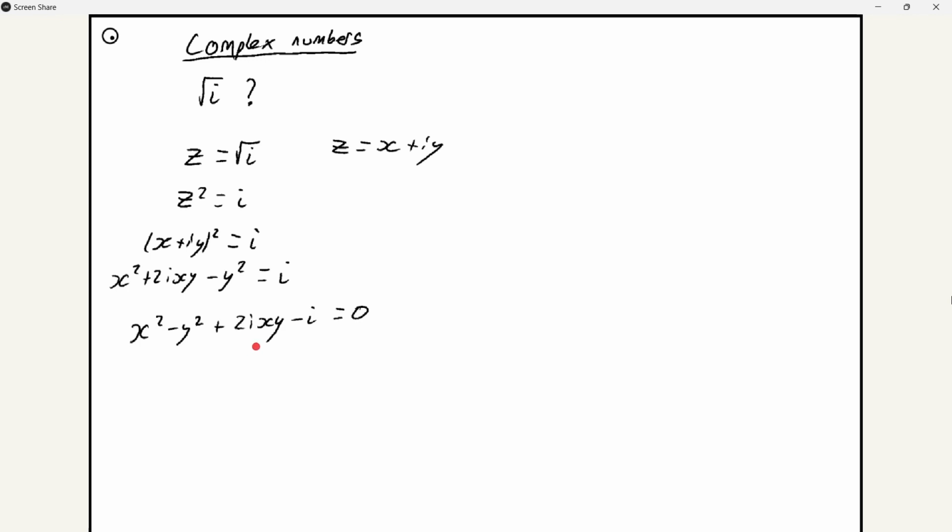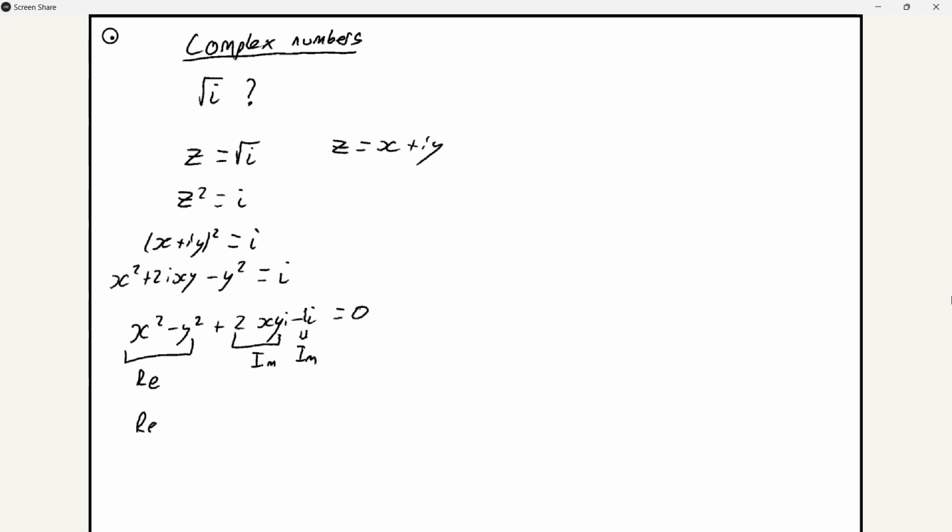This part here is the real part, and actually I should rewrite this bit. This part here and the 1 before the second i are both the imaginary part.